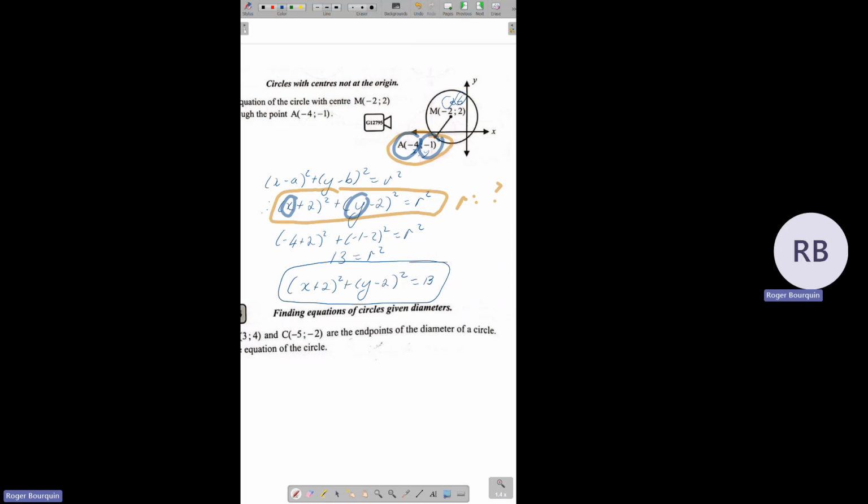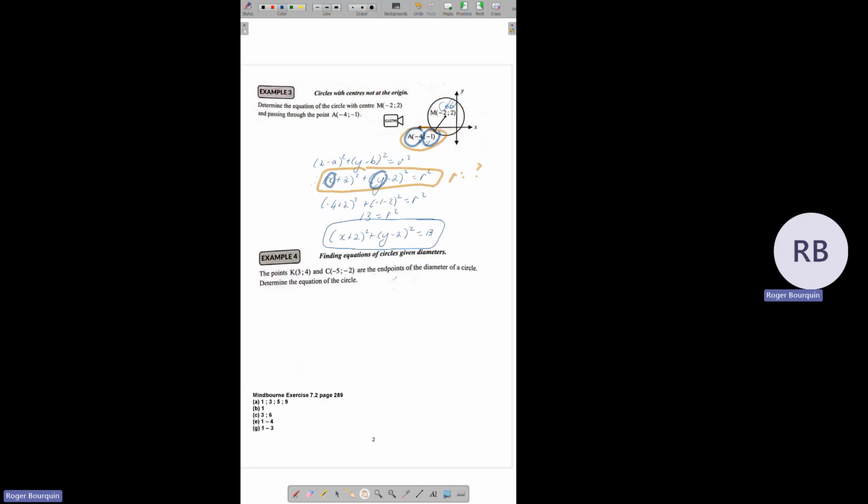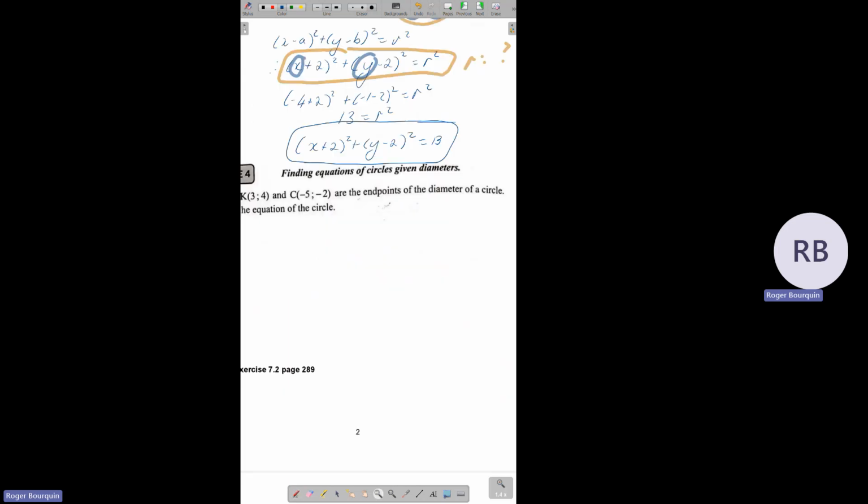Right. The next question says find the equation of circles given diameters. Now the key idea which I want you to make a note of is that if you have any circle in the world, and you have the end points of a diameter, it doesn't matter where the center is, so you have some circle, a chord through the center, so that's your diameter, then the midpoint of your diameter will be the center of the circle.